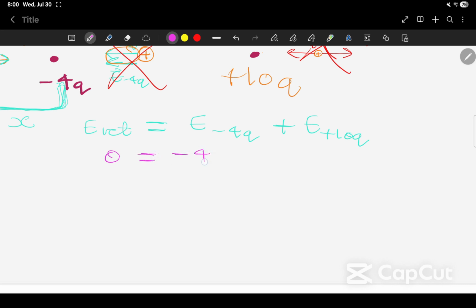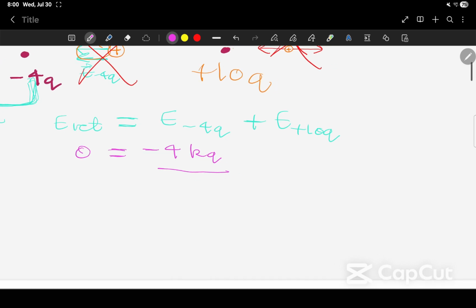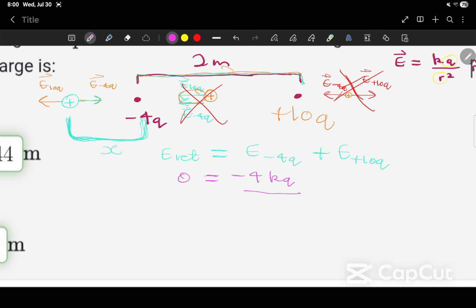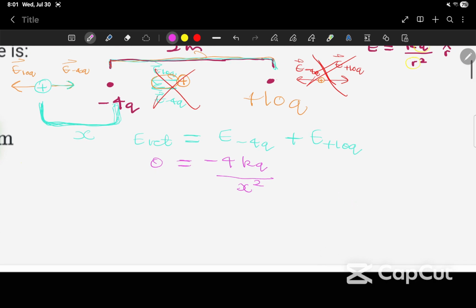So we get negative 4kq over, now I'm going to think about the radius. The positive charge is a distance of x away from this charge, hence I only consider x squared. I call this region x, by the way.